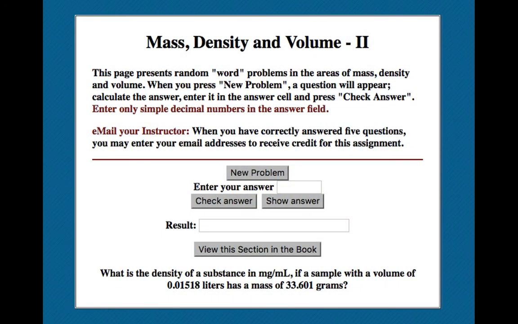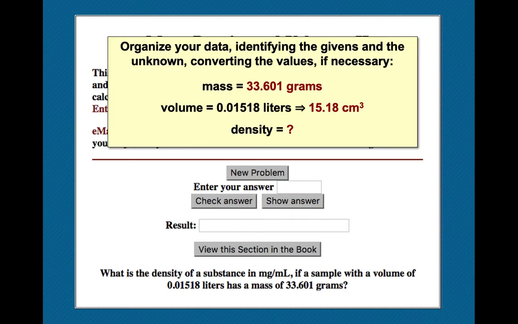Another one. Looking for the density in milligrams per mil, we're given this in grams. Also given this in liters. 1,000 mils in a liter, 1,000 milligrams in a gram. Here's our mass in grams. Here's our volume in cubic centimeters or milliliters.